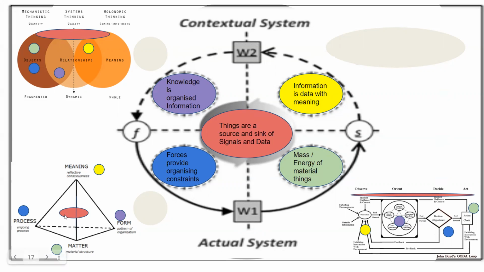So you've got the whole. That whole can establish a meaning based on information. It can then take a form, which is a pattern of organization. There's an ongoing process, which is the forces that provide enabling constraints on its material structure.